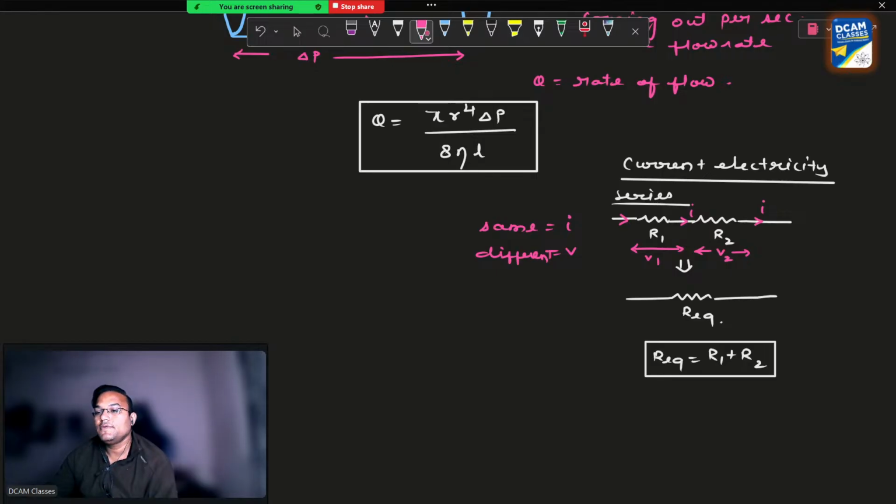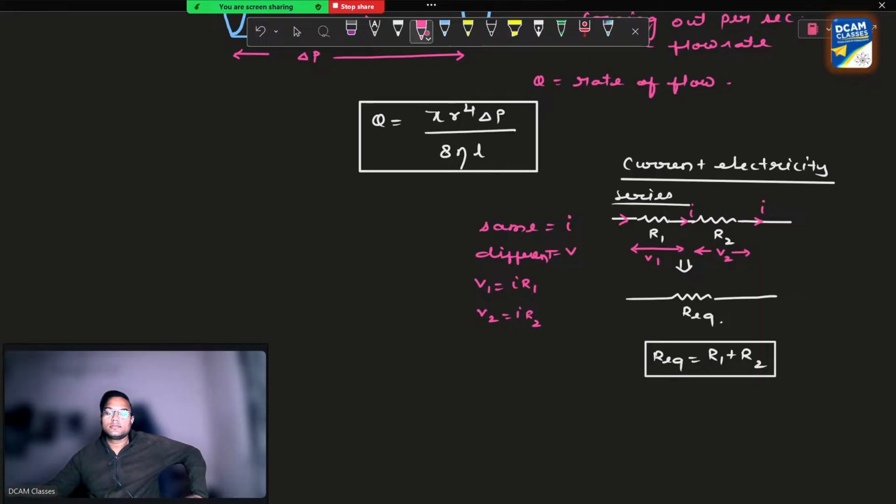And this voltage V1 is given by what? V1 is equal to I into R1. V2 is equal to I into R2. This is Ohm's law. Know this? Yes, sir. This much part you know, na? That is what is required.